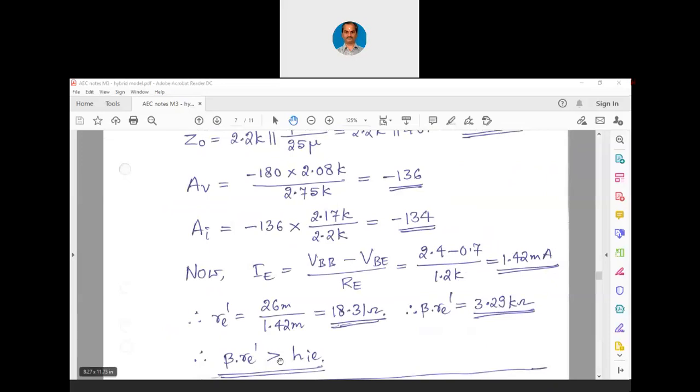So that way we can say that the RE model is not really very reliable because we deduce it based on our own calculations and our own working conditions of the circuitry, right? Whereas the hybrid model is given for the device itself. That way the hybrid model is more reliable. That is the conclusion here.